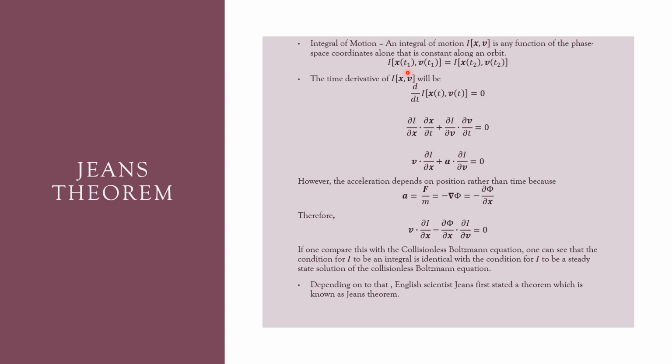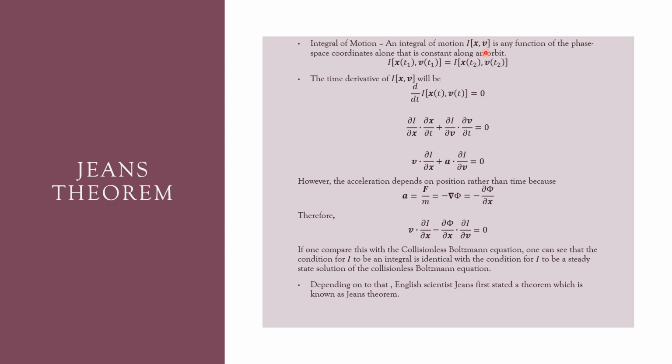An integral of motion, denoted as I of x vector, v vector, where x represents the position vector and v represents the velocity vector, is any function of the phase space coordinates alone that remains constant along an orbit. In simpler terms, it doesn't change as a celestial object moves through space.